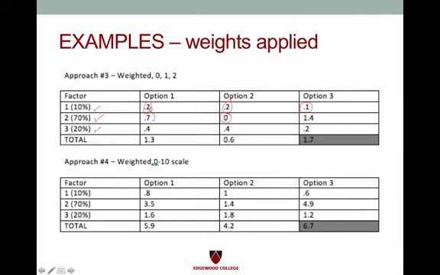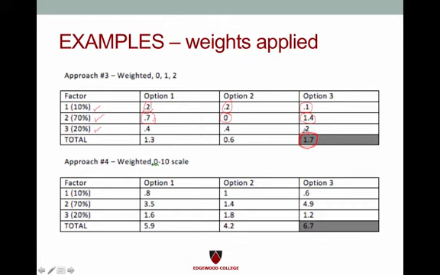Option 1, we had a ranking of 1. So 1 times 70% is 0.7. And option 2, we had a ranking of 2. So 2 times 70% is 1.4. And you continue this on for factor 3, and suddenly now we realize that it's a pretty clear distinction here that option 3 is the best option to consider here.